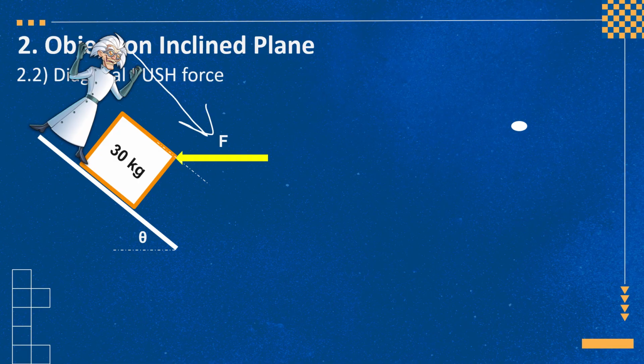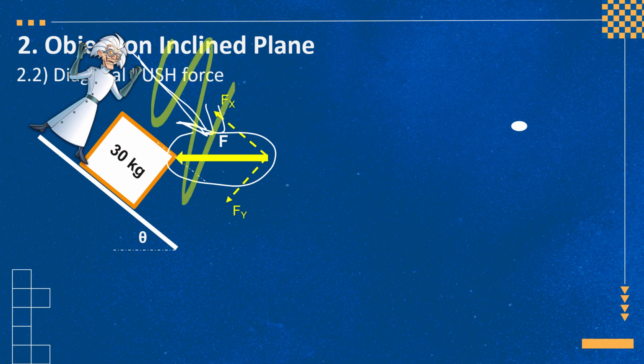Remember that when an object is on an inclined plane, you need to imagine standing on that surface, on the inclined plane. And for anybody standing on that inclined plane, this force will definitely be a diagonal force acting on the box. And remember, all diagonal forces can be resolved into their perpendicular components.